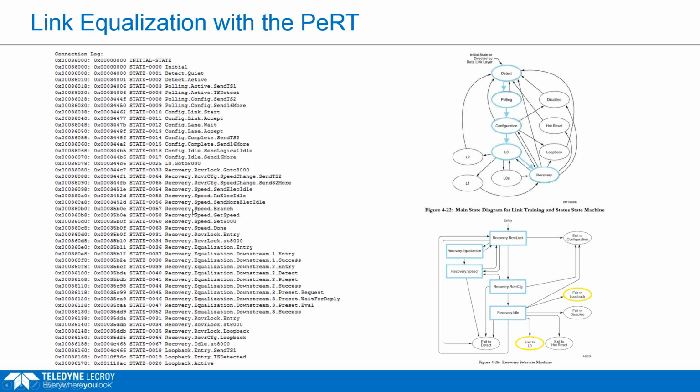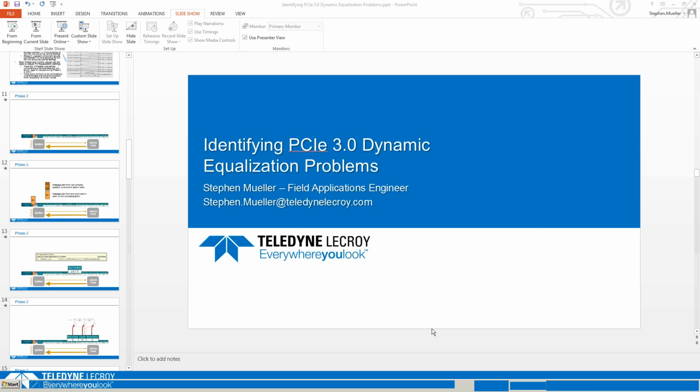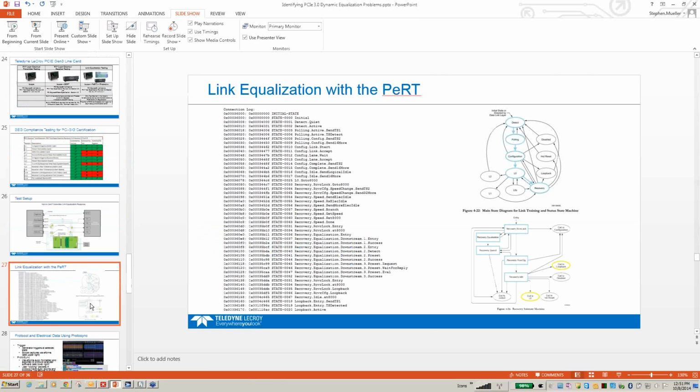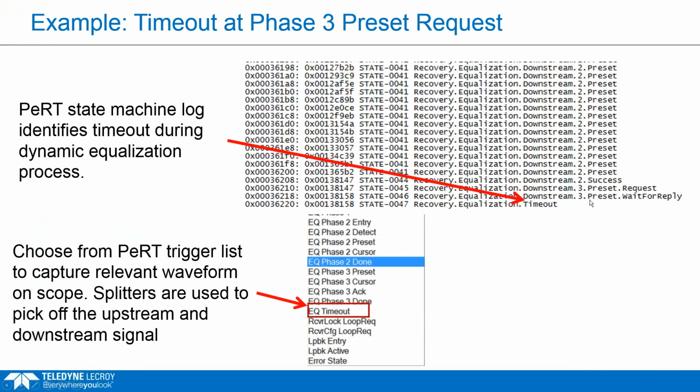With this setup, it really gives you a powerful debug tool: you can set a trigger on the specific state where it got stuck, as I show in this example. So this is EQ timeout, but you could set it other places as well. There's a whole variety of trigger settings. One that's pretty common that I use a lot is loopback.active, or loopback entry.